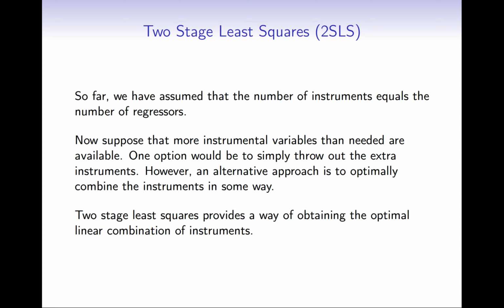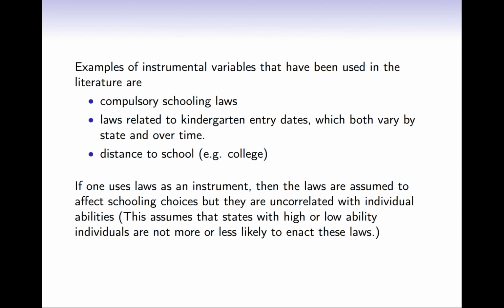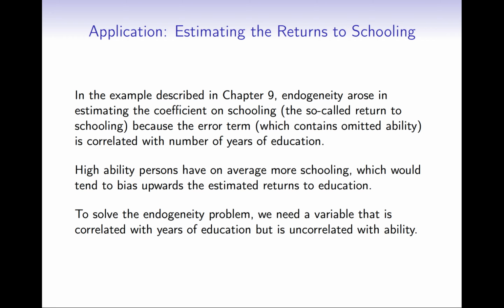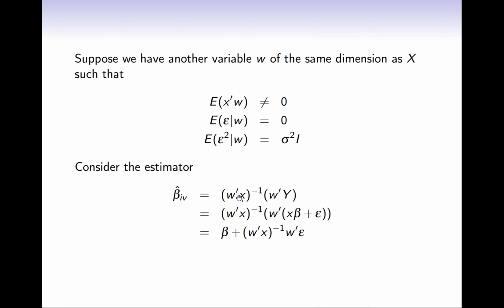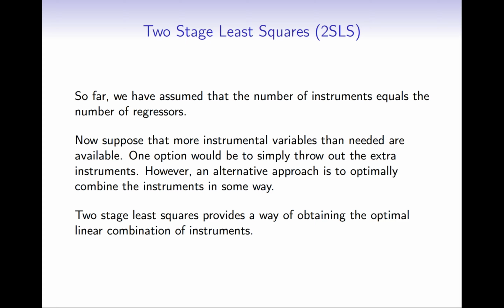Okay, so in the previous example, we assumed that you had exactly as many instruments as you have x's. I didn't mention that, but if you look here, to be able to take this inverse, this has to be a square matrix. So that means the dimension of x and w has to be the same. Now we're going to look at what you can do when you have extra instruments.